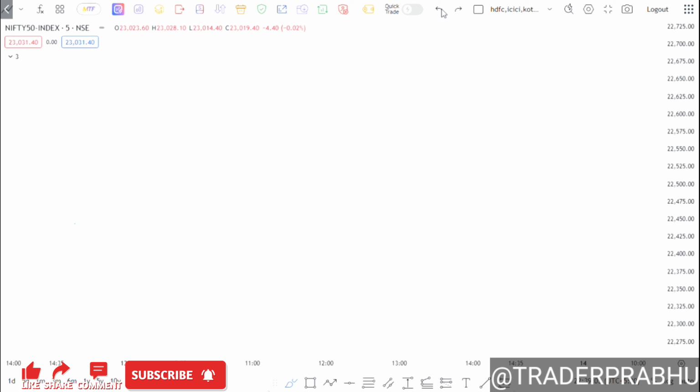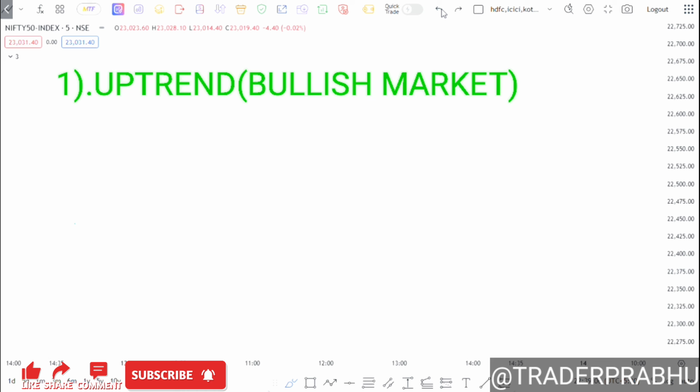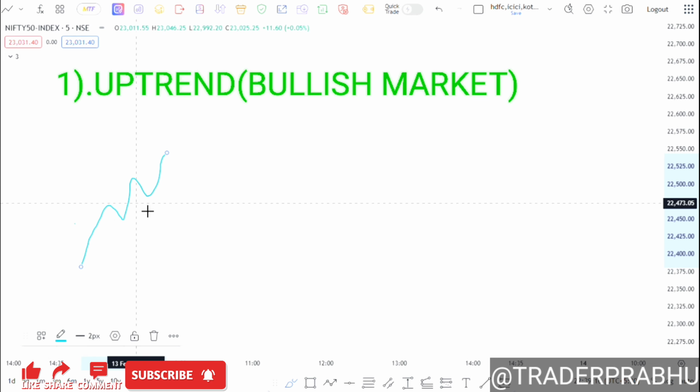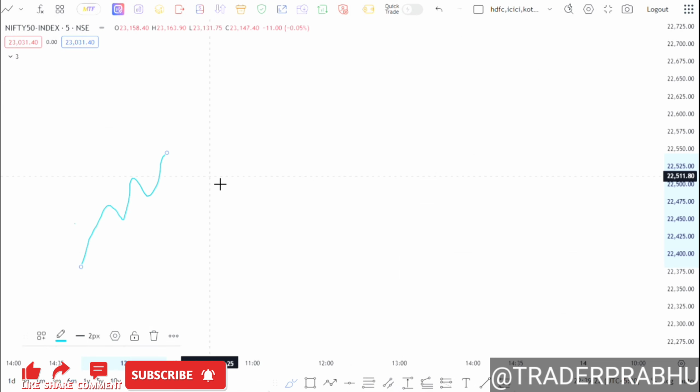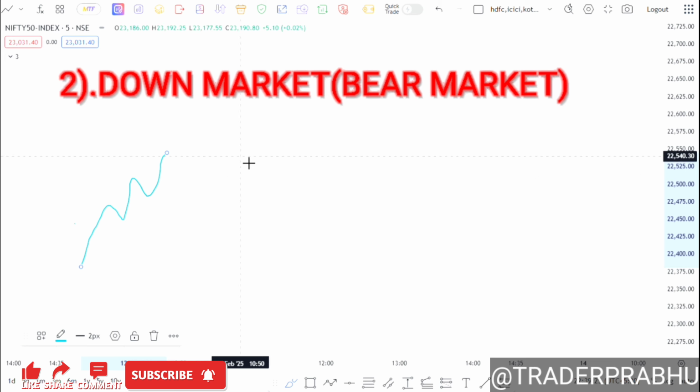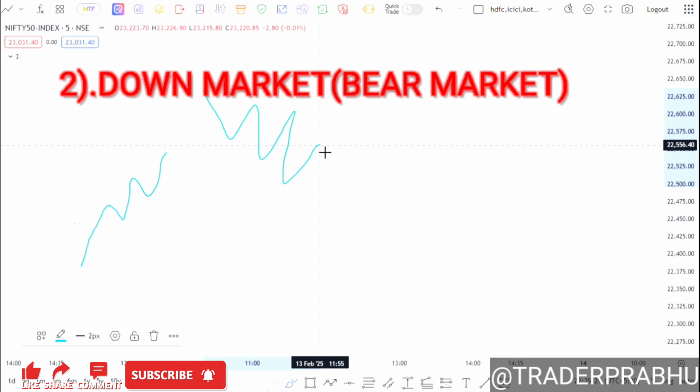First one is uptrend, bullish market. Price makes a higher high and higher low. The second one is downtrend, bearish market. Price makes a lower low, lower high.